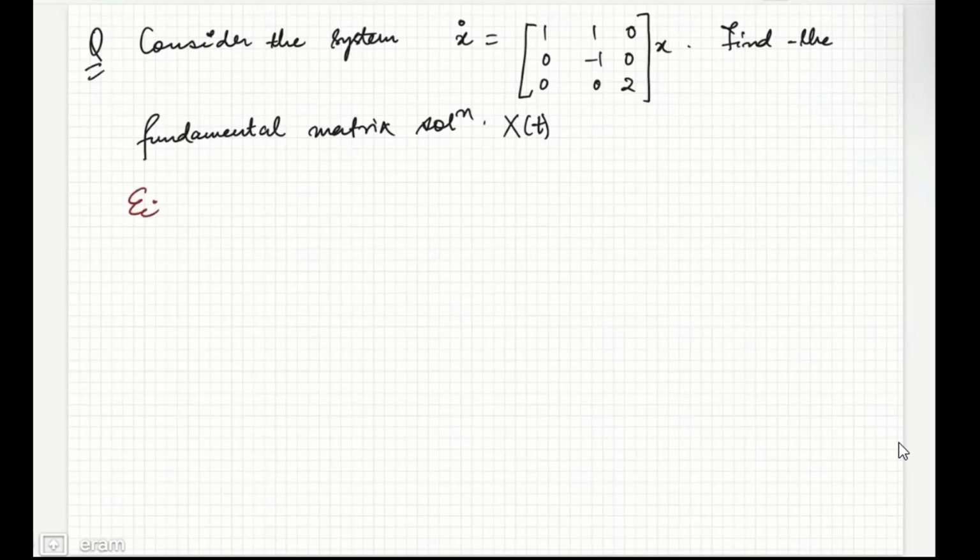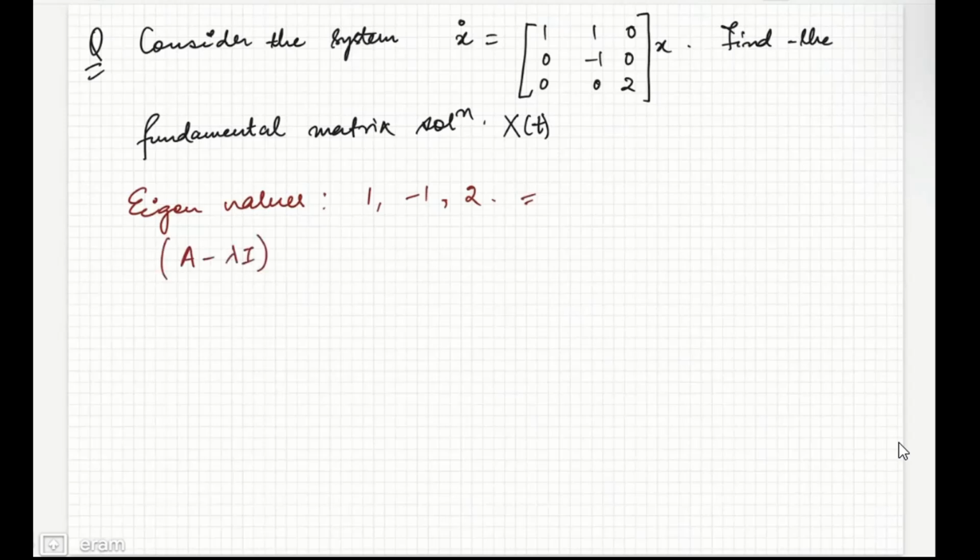The eigenvalues for this case, again it's a triangular matrix, so the diagonal elements will be the eigenvalues, and these are distinct eigenvalues. So we just have to solve for the eigenvector by equating this as 0 for each of the lambdas. So for lambda 1 equal to 1, what v1 will we get?